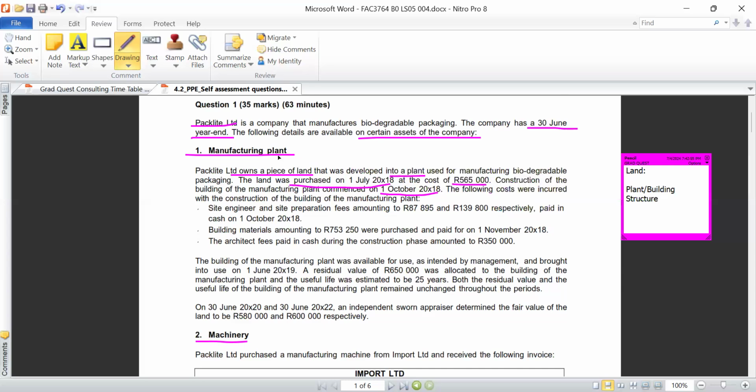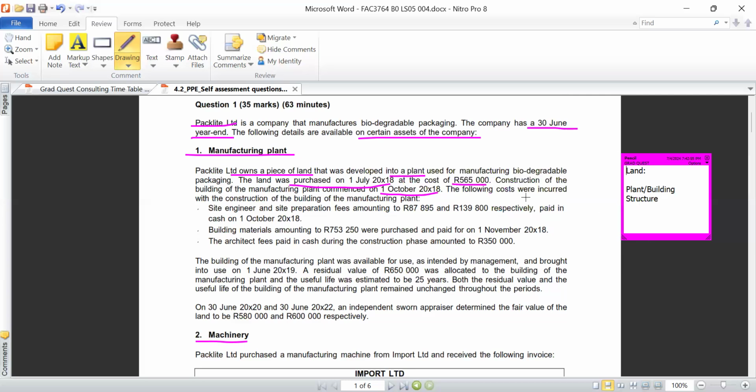So as I'm looking at the manufacturing plant, I'm already seeing what makes it up: there's a land portion, and then there's the plant or the building portion. So when I do my property, plant and equipment note, I need to have a separate column for land and then another separate column to reflect the plant or the building structure in this case.